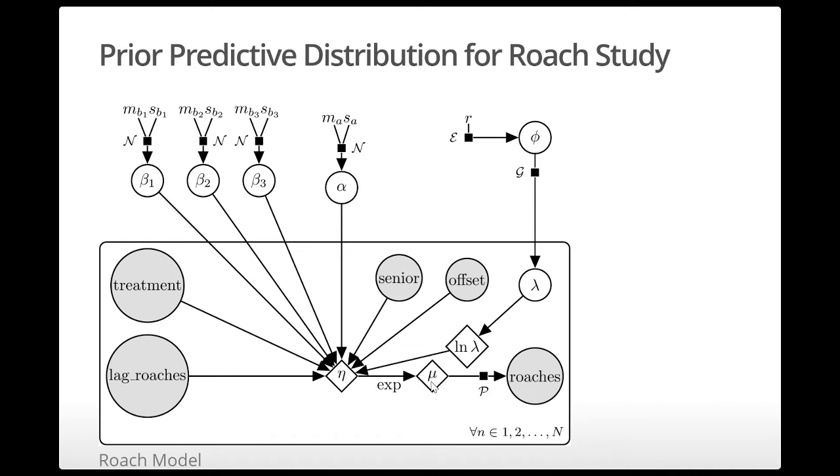And then the coefficient on, is this a senior building? What might we think about that? Is this Boolean, like yes or no? Yes, it's a dummy variable. Okay. So it could be 0, like if it's no. If it's not a senior building, then it's just coded as 0.